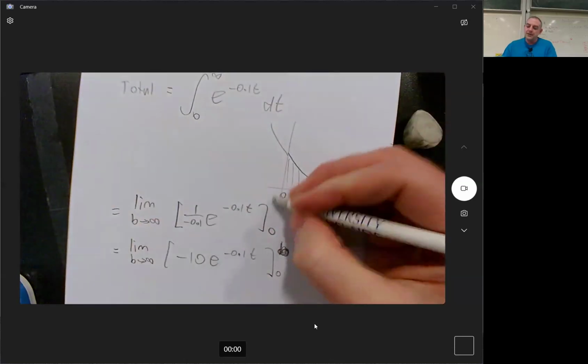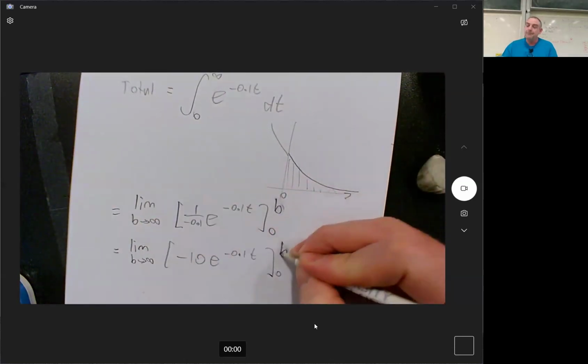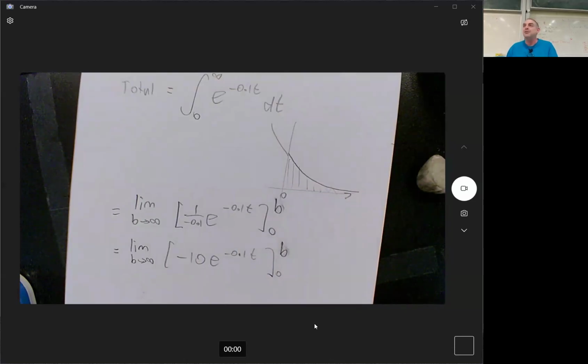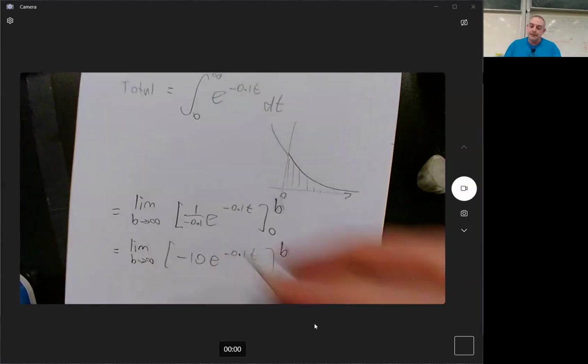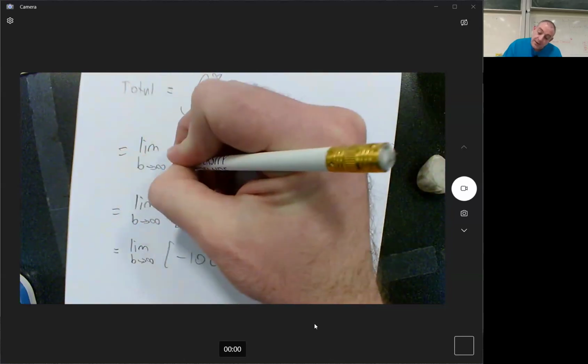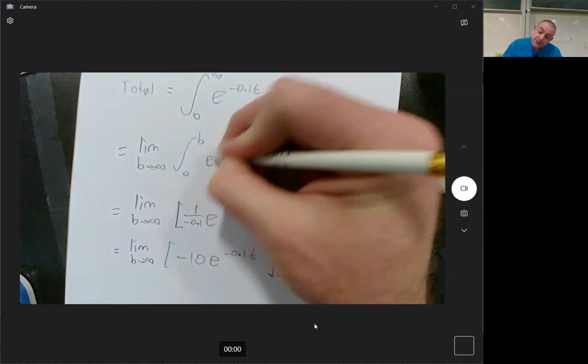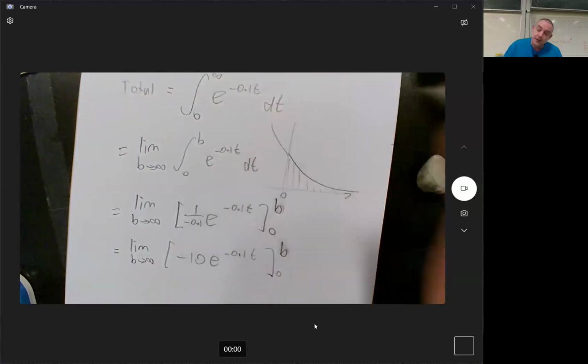Because you're not allowed to sub infinity into anything. You can only do limits when there's an infinity. You see what I did here? I did it as a limit first. Luckily, I realized. If I was in an exam, I'd be going, phew, I didn't hand it in this way.